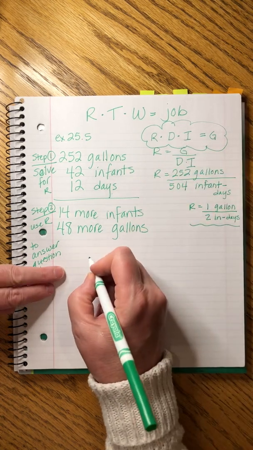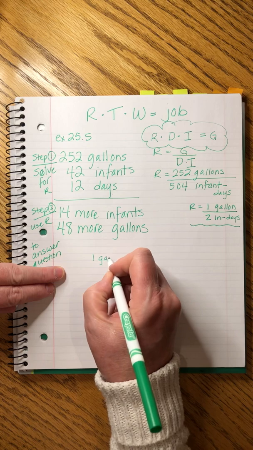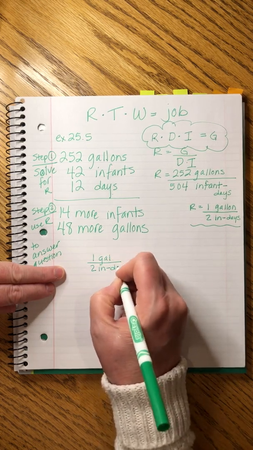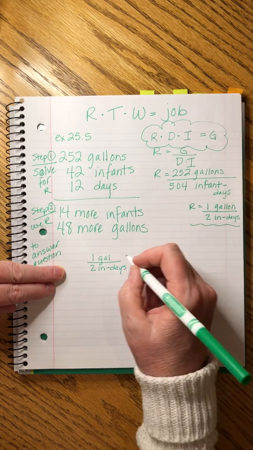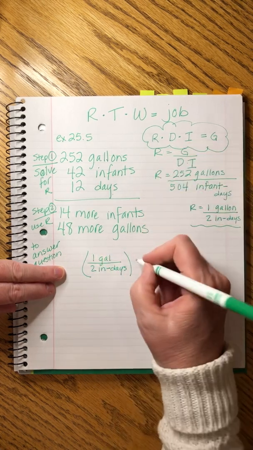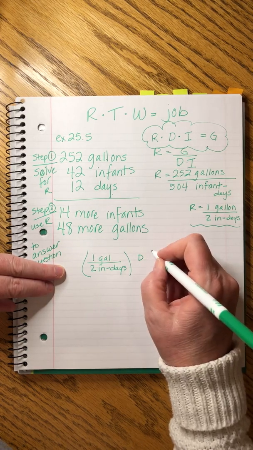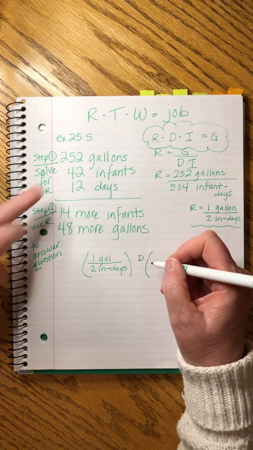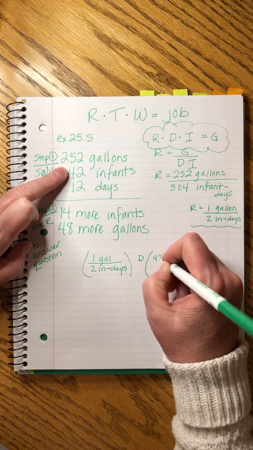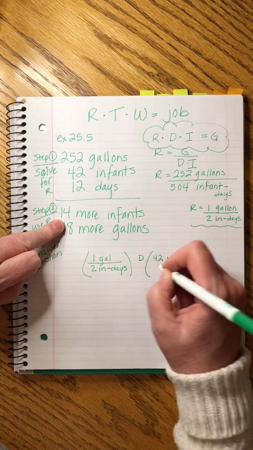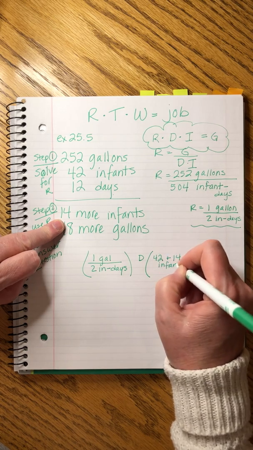So the rate is 1 gallon for every 2 infant days. And we're going to multiply that times the number of days, which we don't know. And then we're going to multiply that by the number of infants, which is 42 plus 14 more infants.